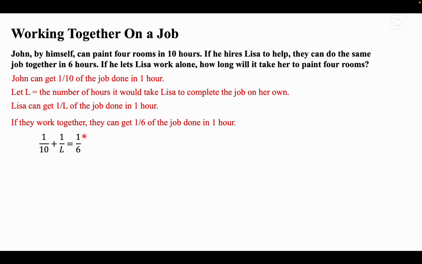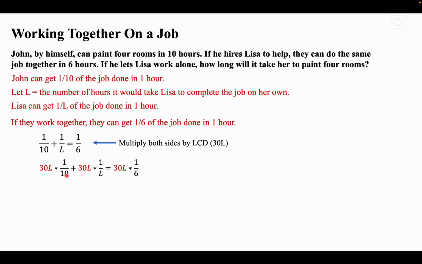And to solve this equation, what we're going to do is multiply both sides by the LCD, and the LCD in this case is 30L, right? Because 10 goes into 30, 6 goes into 30, and then of course we have the variable L. So let's multiply everything by 30L.